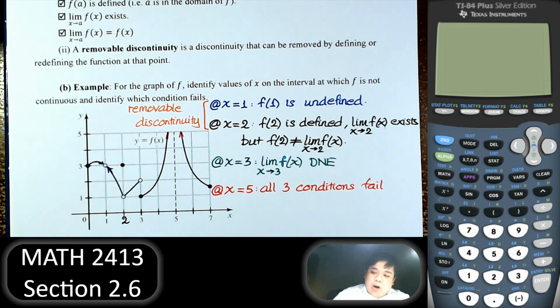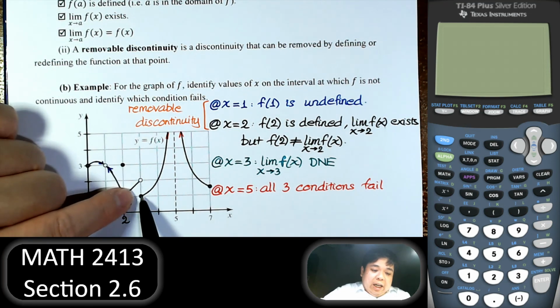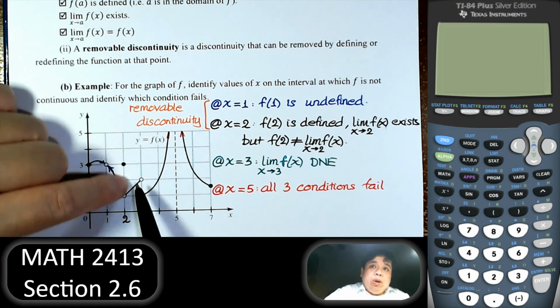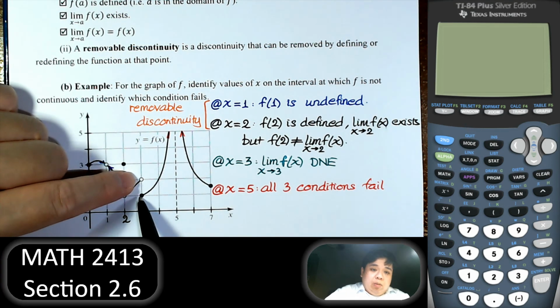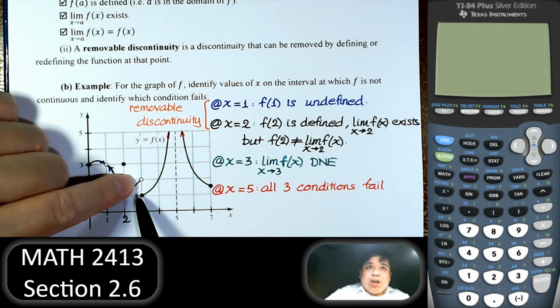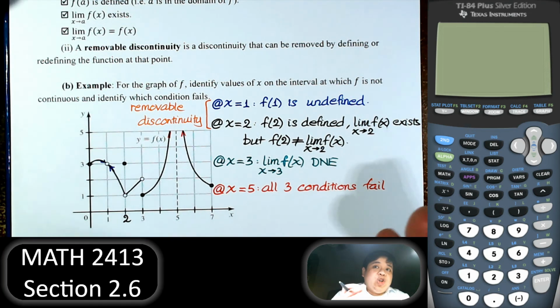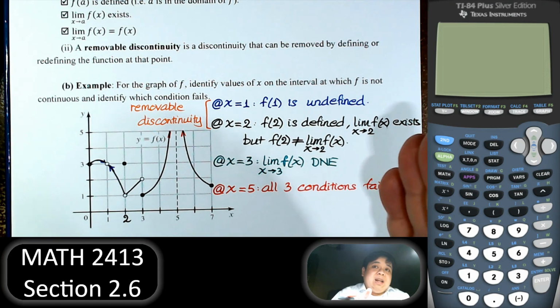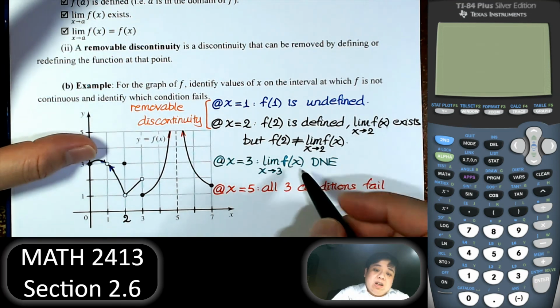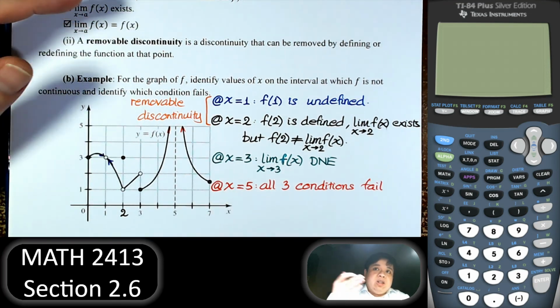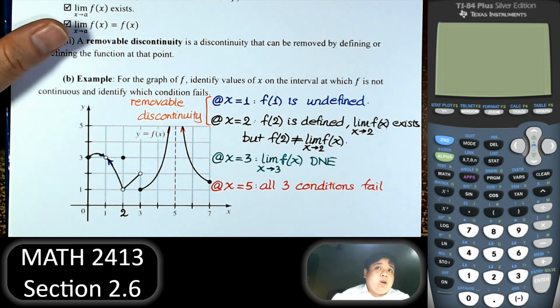Right, so how about the other 2? The other 2, at 3, if the point is already defined there, there's nothing we can do, there's no point we can add to make them continuous, right? Because the limit does not exist. You cannot change the values of the function to make the limit exist, because the limit already does not exist. Doesn't matter what you change the values of the function, the limit still does not exist, and therefore it cannot be continuous.